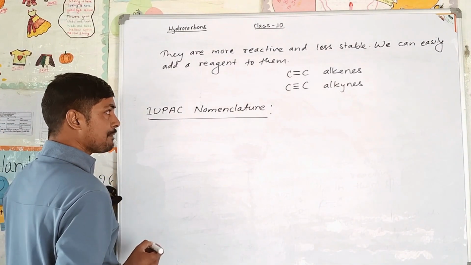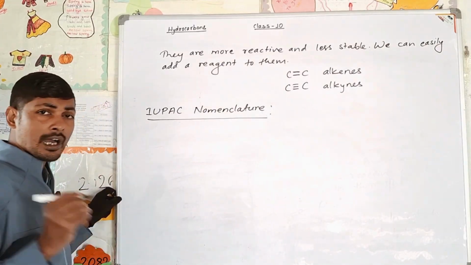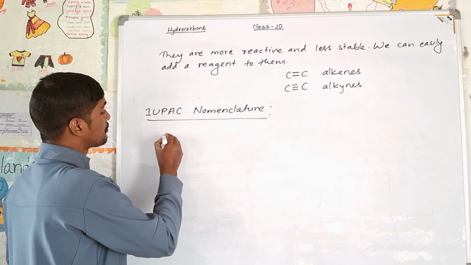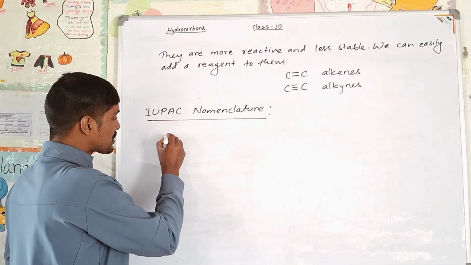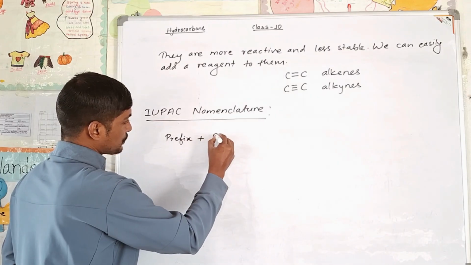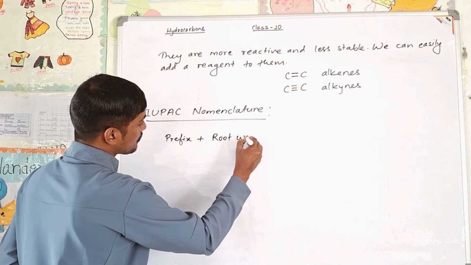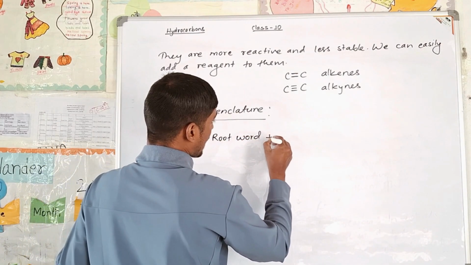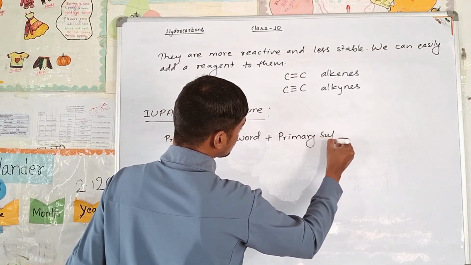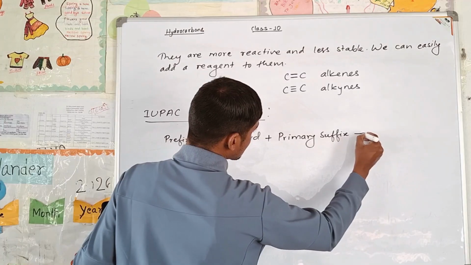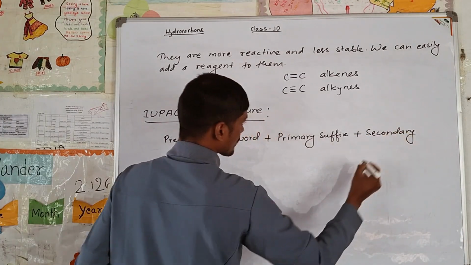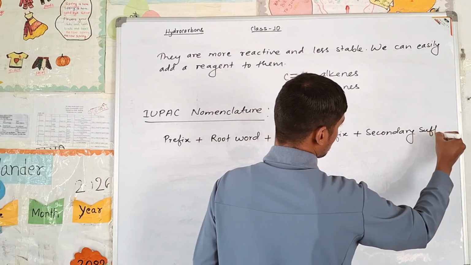While writing the name of any hydrocarbon, we have to use prefix, root word, primary suffix, and secondary suffix.